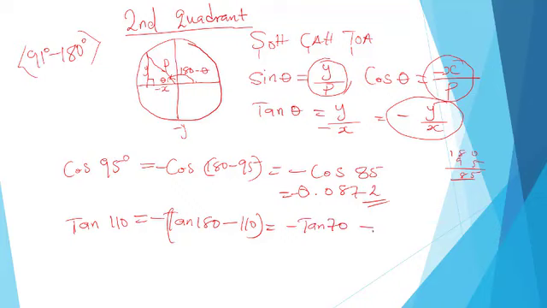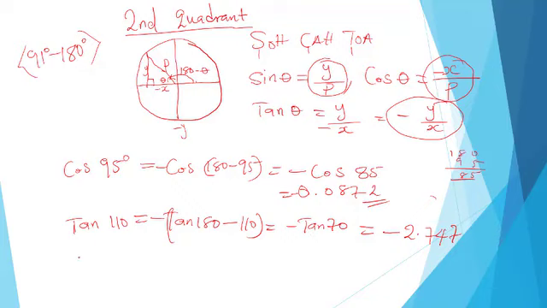And what is the value of tan 70? Tan 70 is 2.747, with a negative sign, since it's a member of the second quadrant. So tan 110 is equivalent to minus tan 70 degrees.